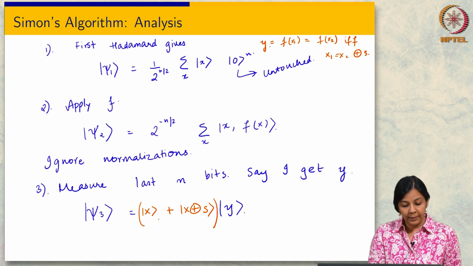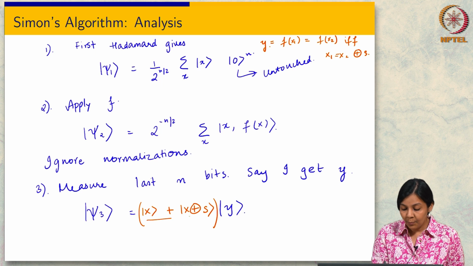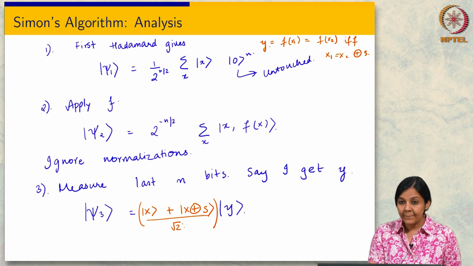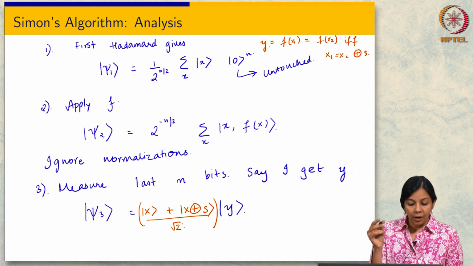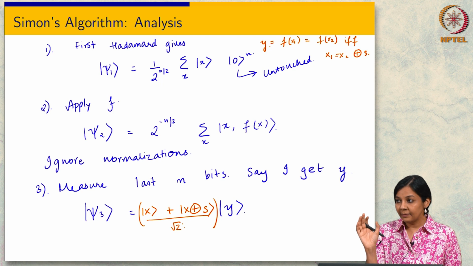Do you all agree? There will be a root 2 factor, but I am not going to worry too much about these. So what have I ended up with? I have ended up collapsing my first n registers into a superposition of two values that are separated by s.